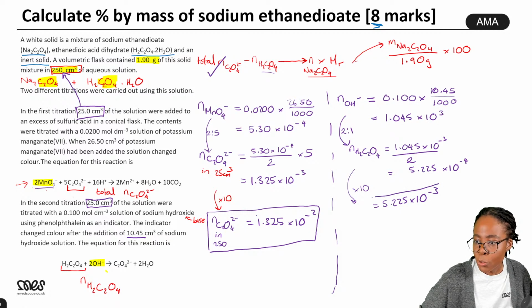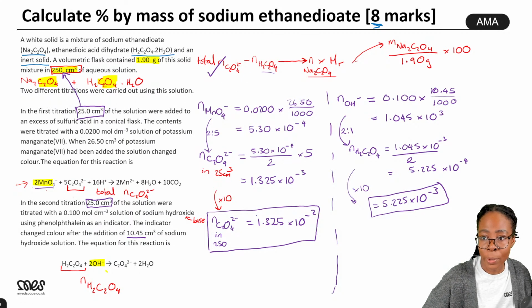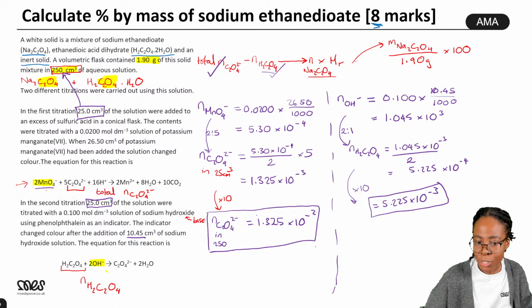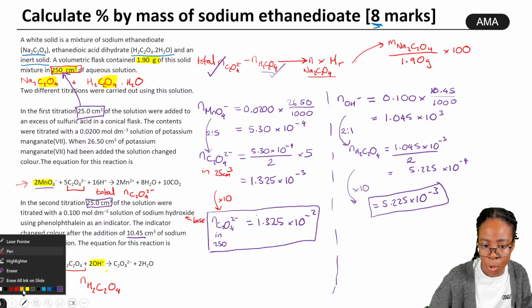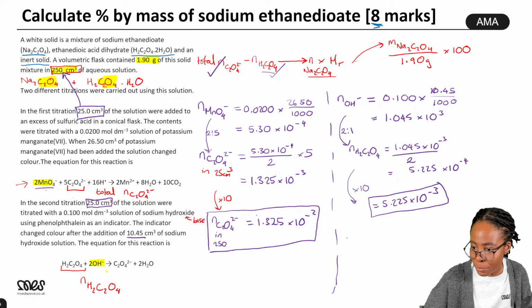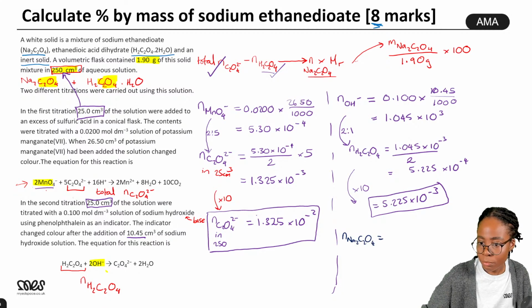Great. So now we have our total moles of ethanedioate ions. We have our moles of the ethanedioic acid. So we can calculate our moles of sodium ethanedioate as 1.325 times 10 to the minus 2 minus 5.225 times 10 to the minus 3.